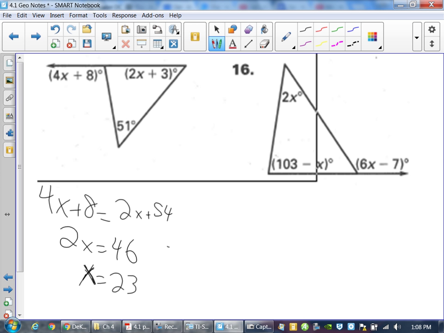Now, remember, sometimes I'll ask you to solve for x, sometimes I'll ask you to find an angle measure. If you had to find angle measures here, what would you do? Yeah, substitute back in. So 23 times 2, 46. 46 and 3 is 49. 3 plus 51.